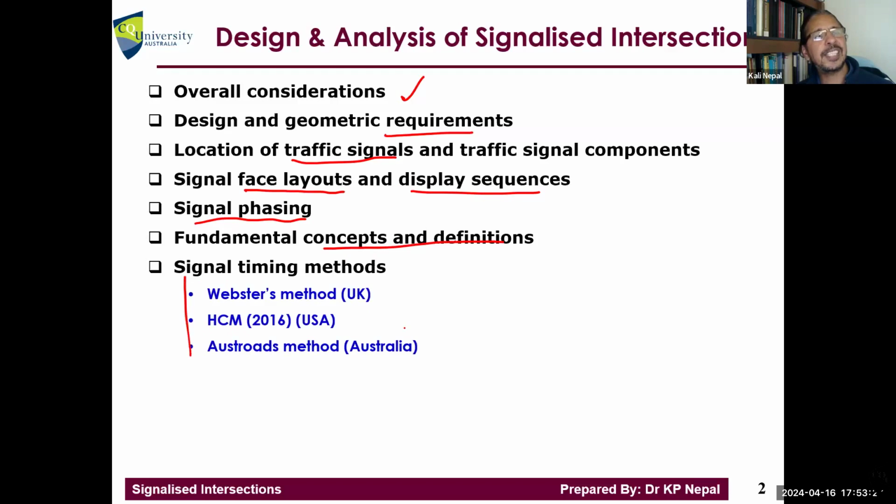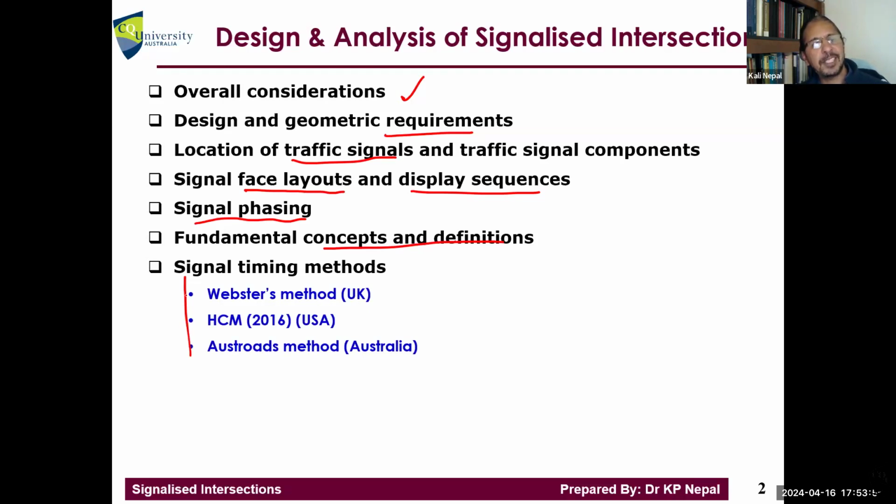Then how we time: how much time we should allocate for one movement, how long green, yellow, and red timing. Yellow timing we usually get from the dilemma analysis we did in week 1, but they are mostly given as defaults. But green time and red time we need to design.